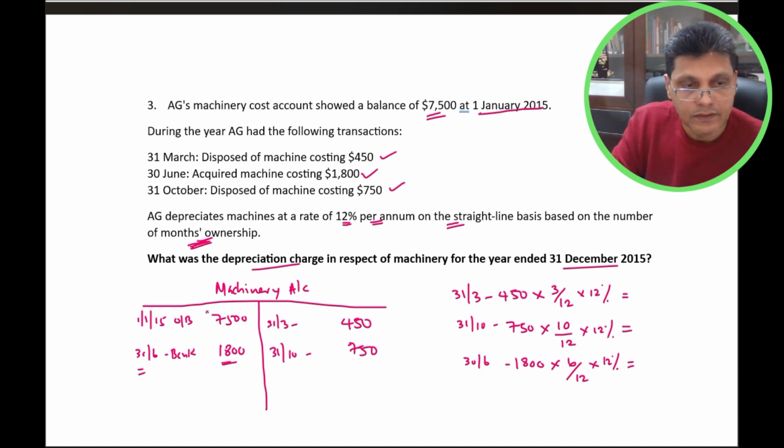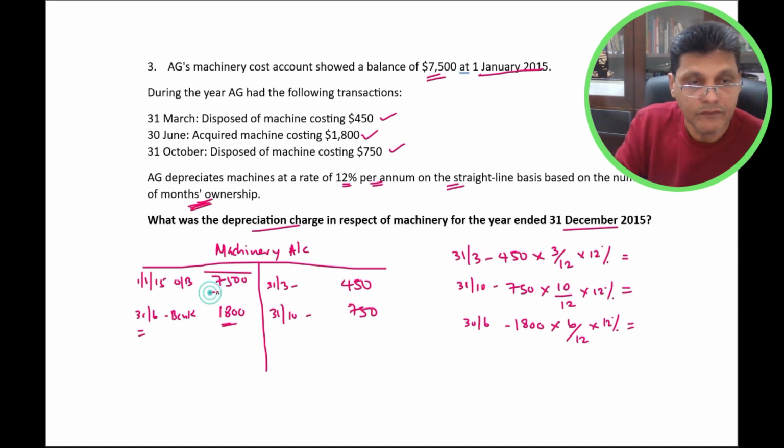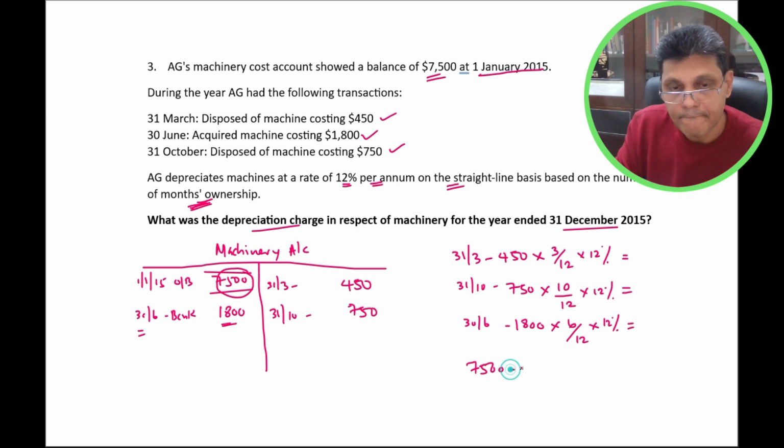And the opening value of the 7,500. This was the opening balance from 1st January 2015. So of the 7,500, they sold 450 and again they sold 750.